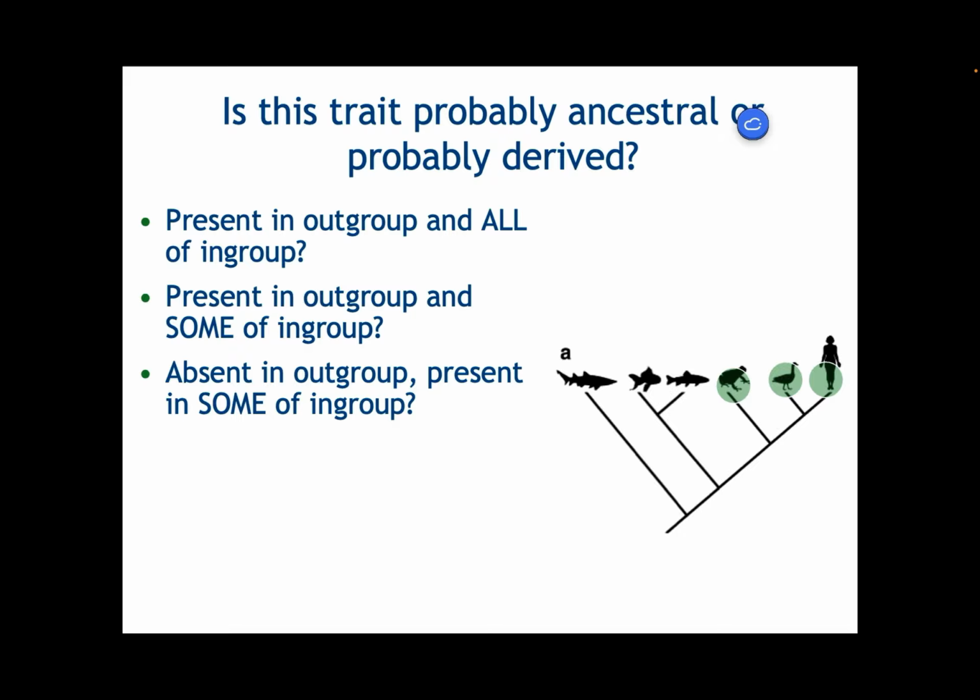Again, we don't know for sure, but the most likely explanation is that the most recent common ancestor of the whole assemblage here, even including the shark outgroup, did not have the trait. And so the trait was derived, that is, it appeared at some point probably in this stretch of evolutionary time, in this lineage leading to these three taxa. So a distribution like this is most likely to be a derived trait.